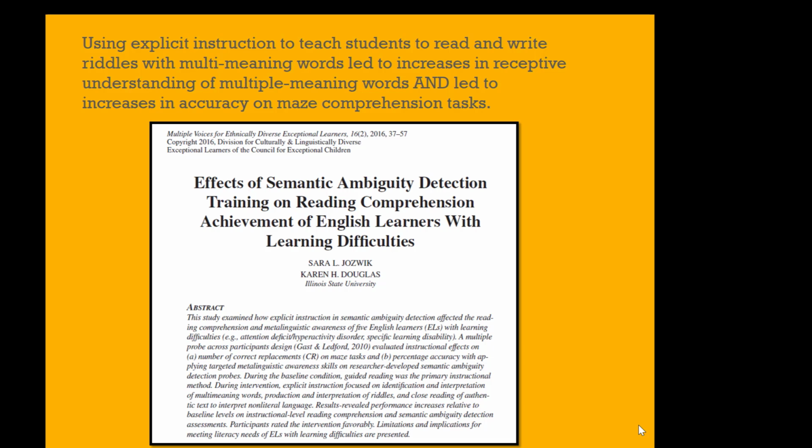So we saw that when we trained students to recognize these multi-meaning words and when they could read and write riddles, their comprehension on curriculum-based measures increased over time compared to their baseline where they didn't have that direct instruction on what the multi-meaning words meant.